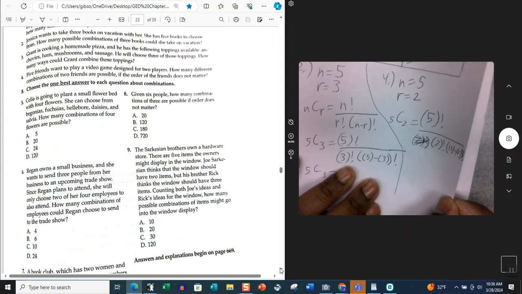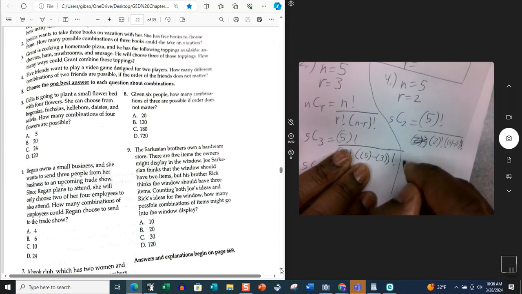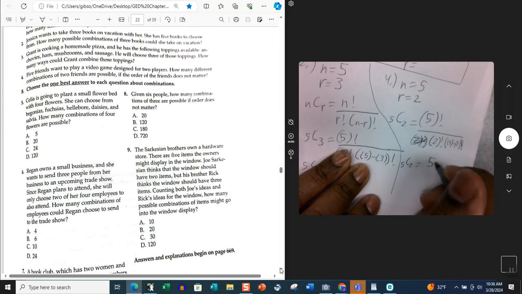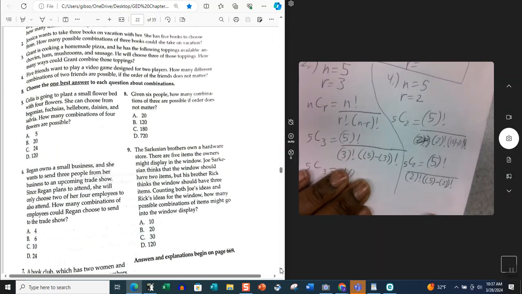Okay, now I'm going to rewrite this. 5C2 is equal to 5 factorial all over 2 factorial parenthesis 5 minus 2 factorial.